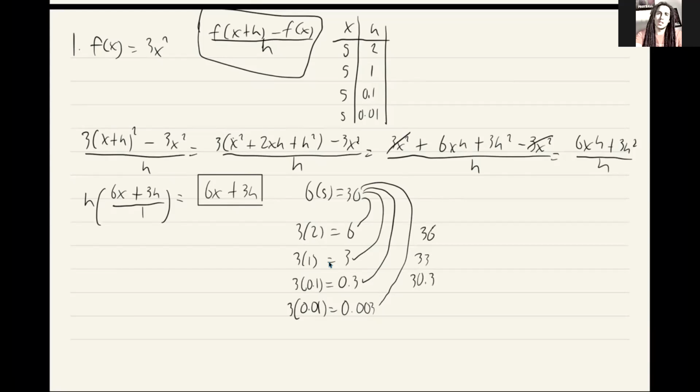And then 30 plus 0.003. Actually, wait a minute, that's one too many zeros. My bad. That's going to be 30.03. And those are going to be the 4 values.